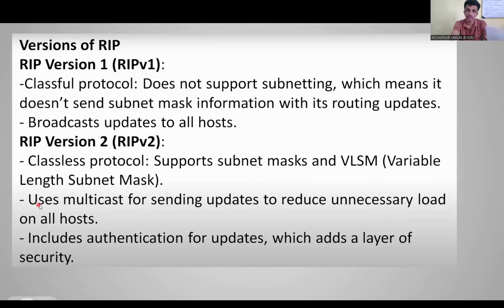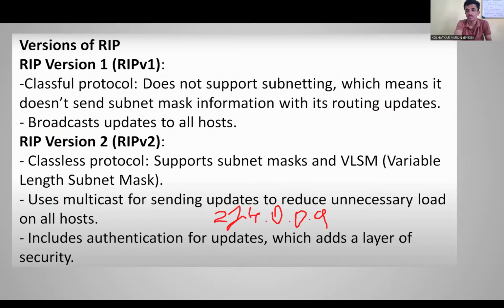If someone wants to use multicast for sending necessary updates, there is a multicasting address which is followed universally. That is 224.0.0.9. Sorry for my handwriting. So this was the address of multicasting.